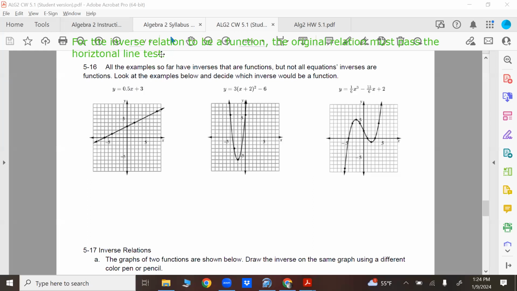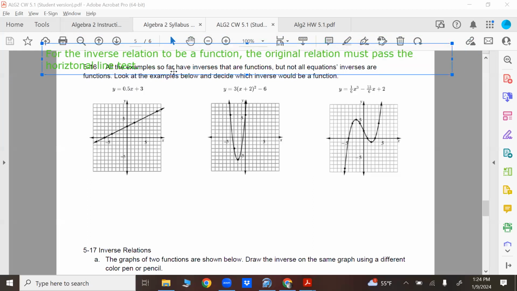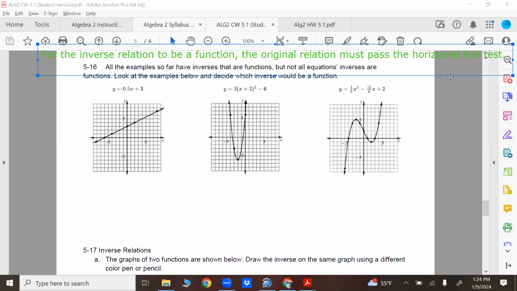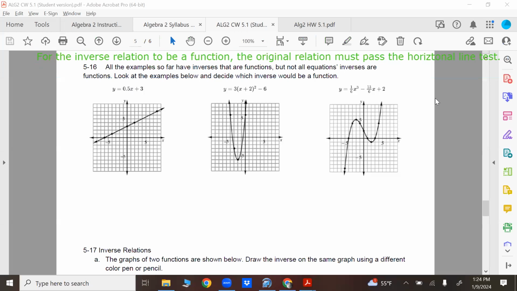It's hard to read. Sorry, let me resize that. There we go.